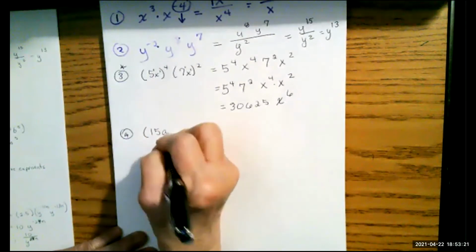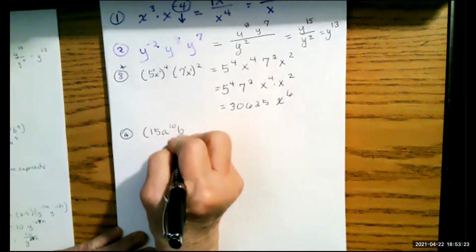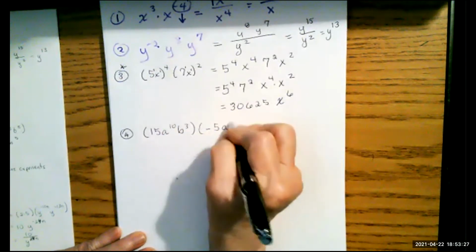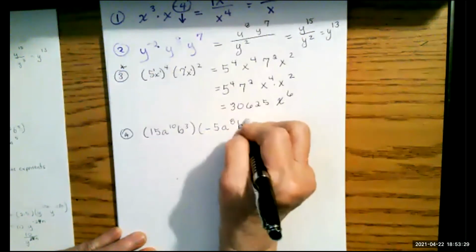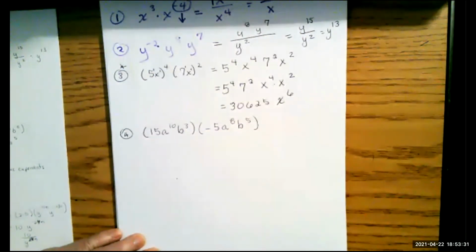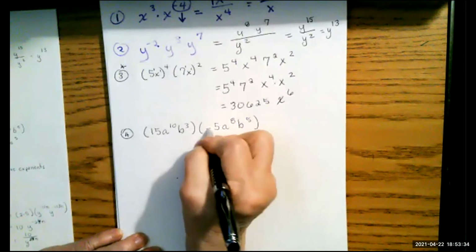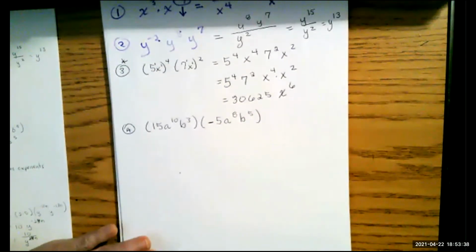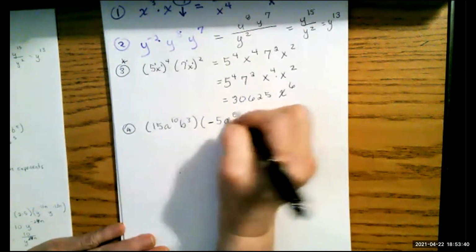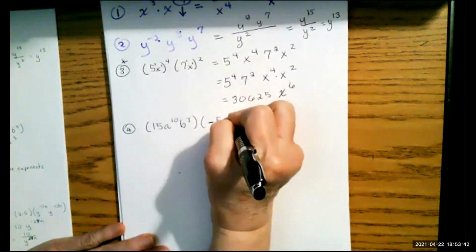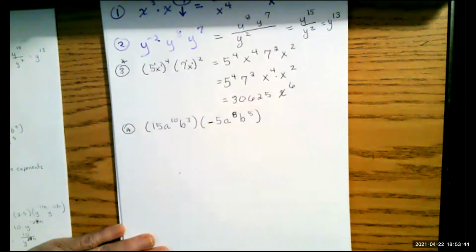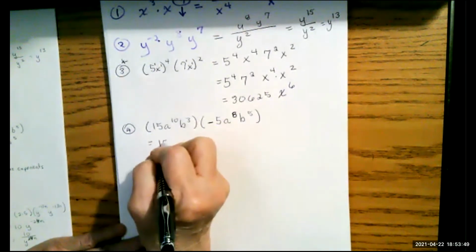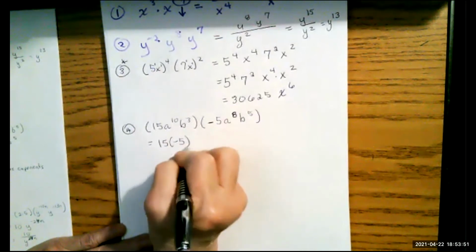Okay, let's look at 4. Looks like that. Then there's a negative coefficient. Notice I can't move that to the bottom and get rid of a negative coefficient. I can only get rid of negative exponents. So what I have is 15 times negative 5.